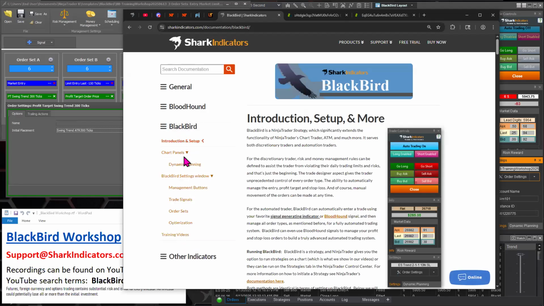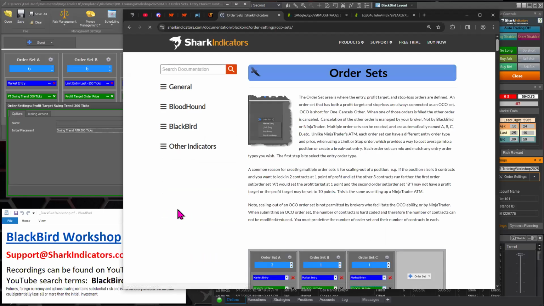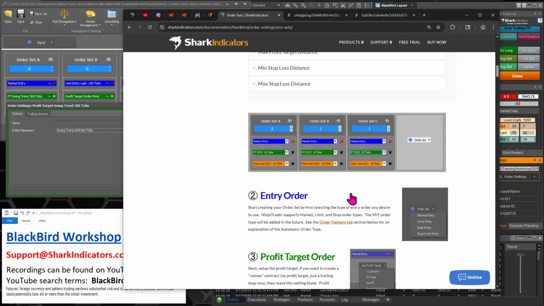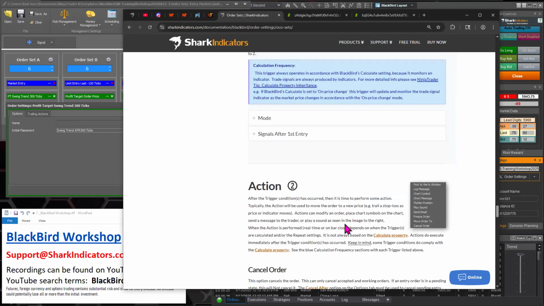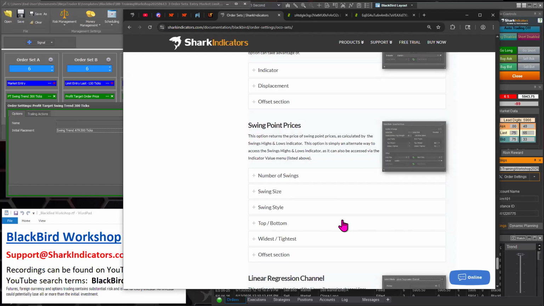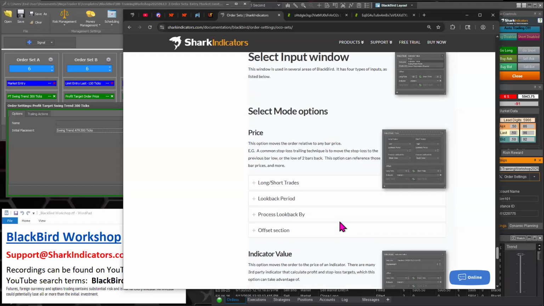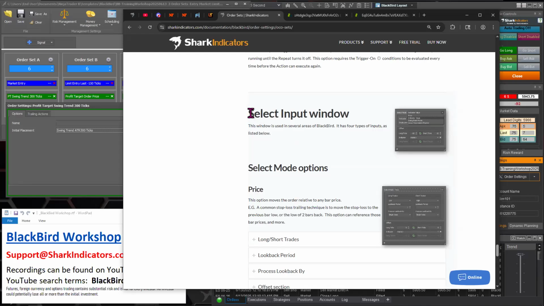Actually, let's just go to the side menu, and you're setting up your profit targets in the order sets, so we're going to go to the order sets page here. In the order sets, we're going to scroll all the way down to the bottom here. And here are the different select input windows.